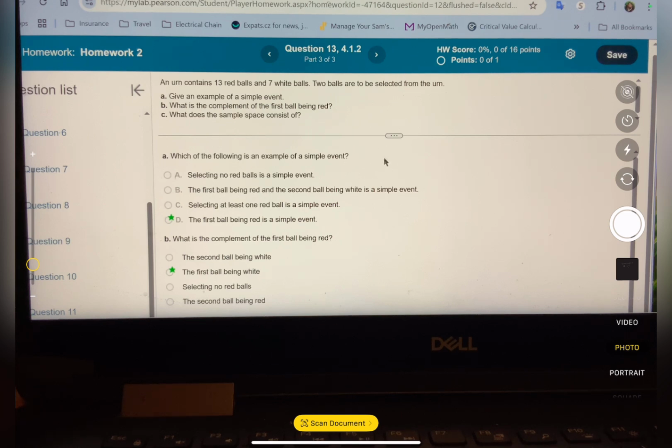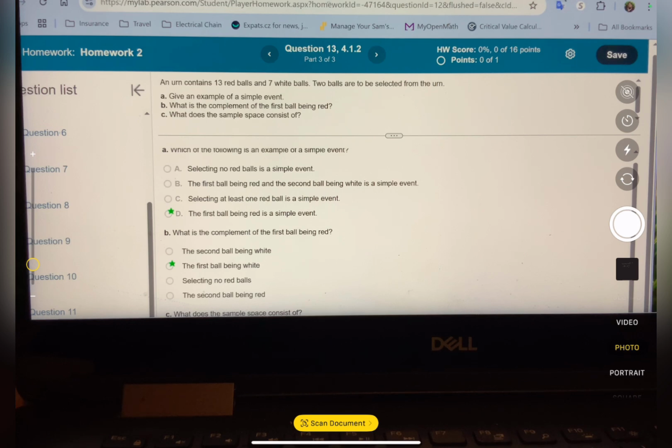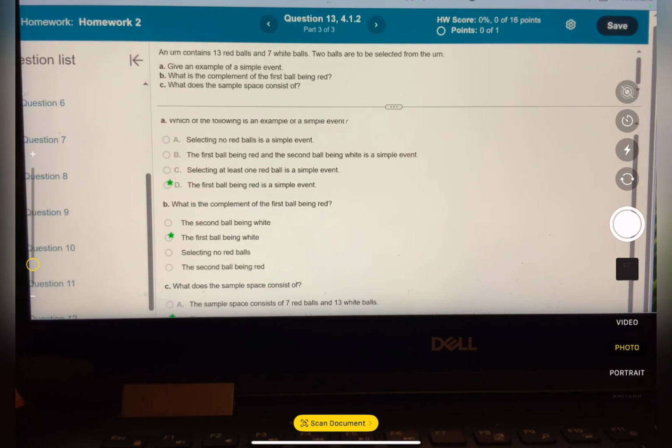All right, next one, question B. What is the complement of the first ball being red? Since it says being red, complement for red, and we have what? We have red or white. So if it's not red, then complement is going to be white.